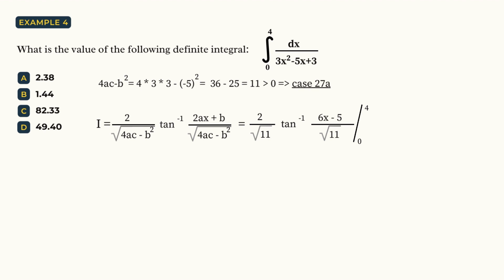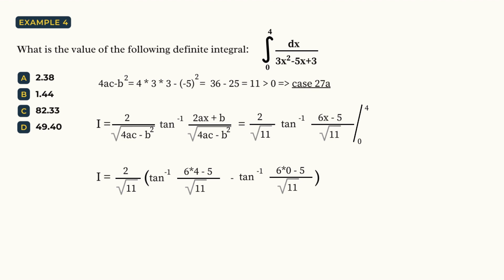And now, moving forward, we have to apply the formula of a definite integral, which equals F(b) minus F(a). In our case, b is 4 and a is 0. So let's go ahead and do that. Integral equals, and I am moving 2 over square root of 11 in front of the parentheses because it is a constant.